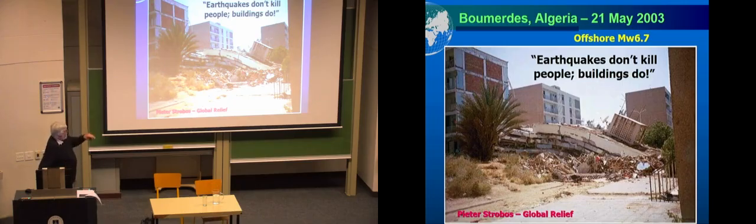This is a picture taken by a South African engineer, Peter Strobos, who went to Boumediès and Algiers shortly after this event to record the kinds of structural damage that occurred.